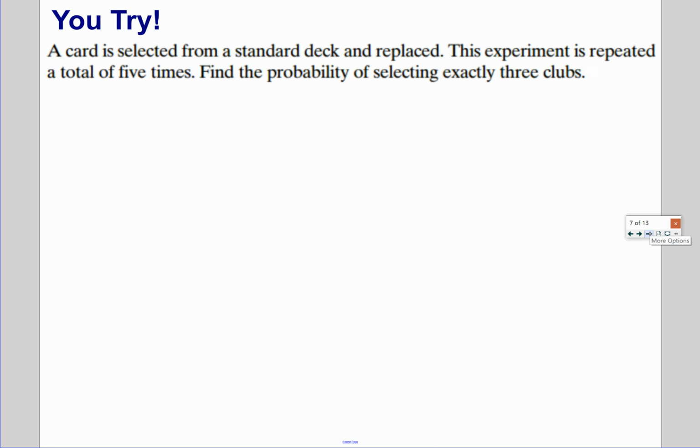All right, you guys try this one with a deck of cards. The probability of selecting exactly 3 clubs using your binomial formula.